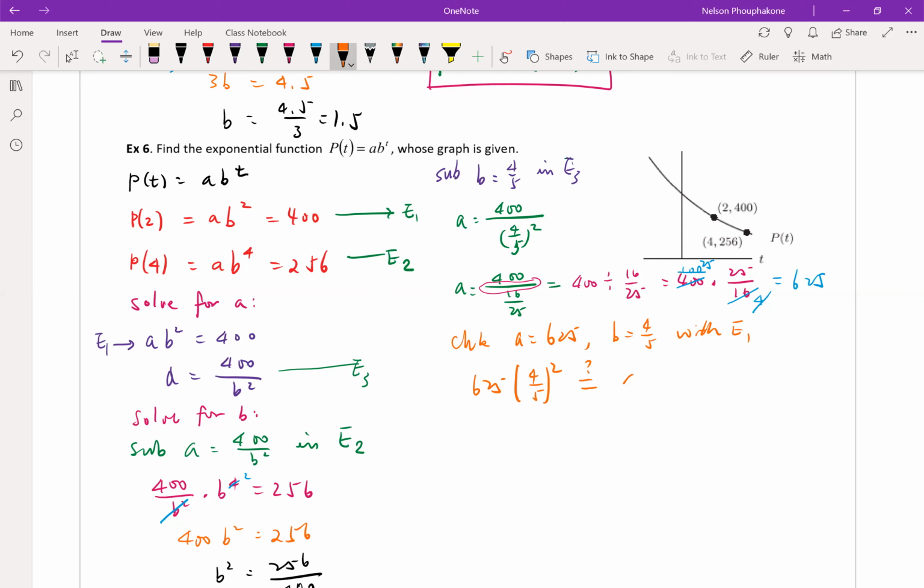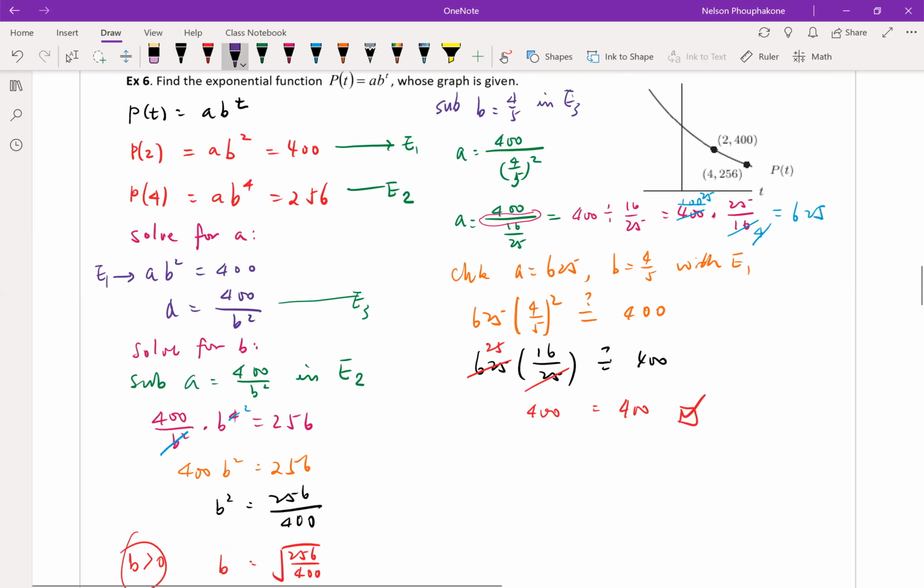Is this equal to 400? Then I will have 625 times 16 over 25. And we know that 25 times 25 is 625. And then if you use your calculator, 25 times 16 is equal to 400.